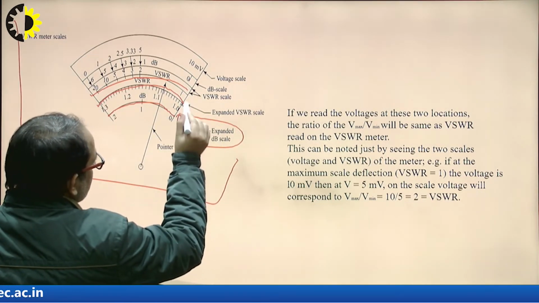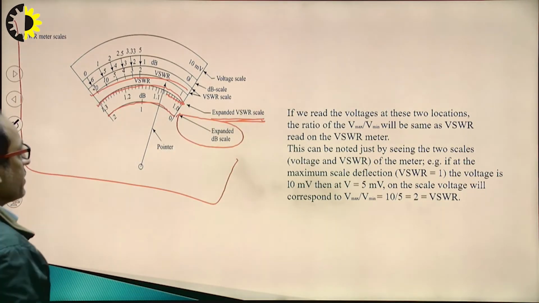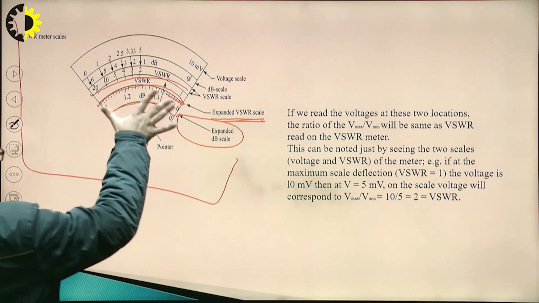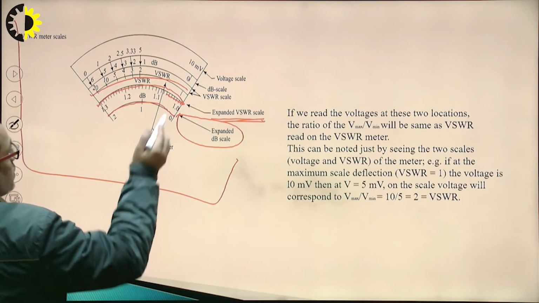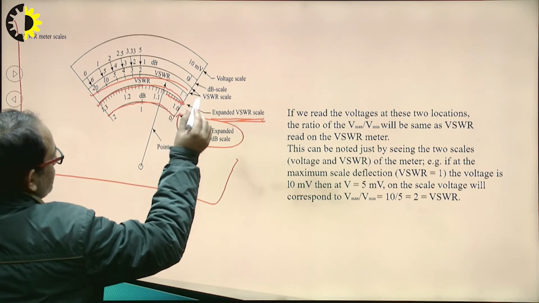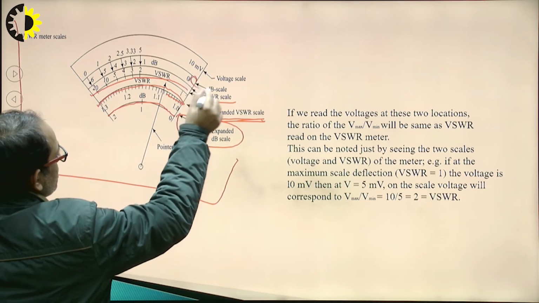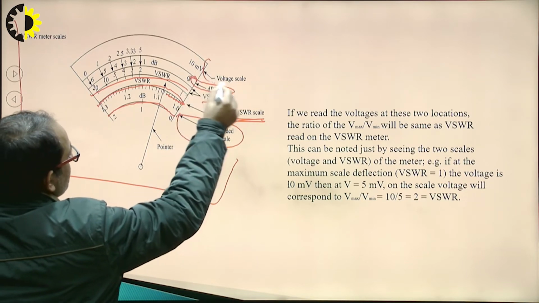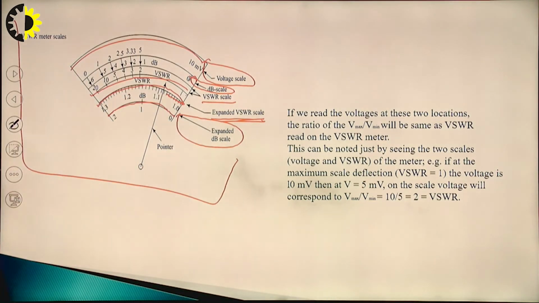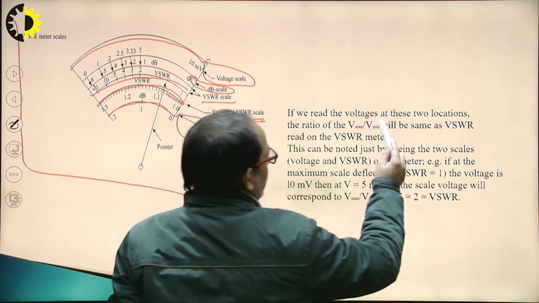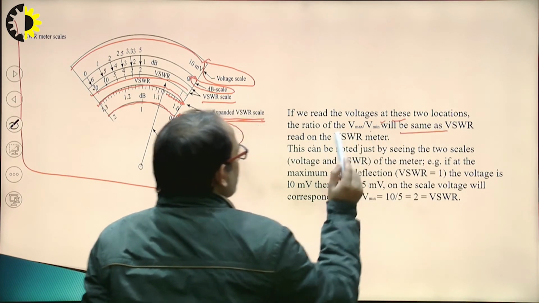This scale is showing the VSWR meter expanded, meaning for the low value of SWR. This value shows the VSWR scale, that is the nominal value. This shows the dB scale, and this shows the voltage scale. Clear? Now see, if we read the voltage at these two locations, the ratio Vmax by V minimum will be the same as the VSWR meter reading.